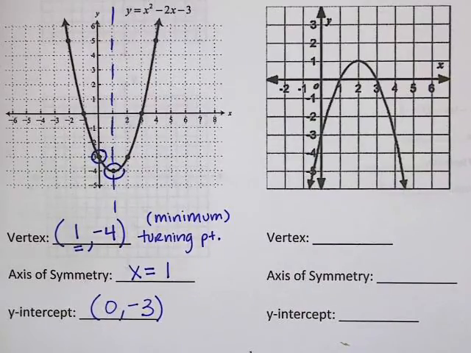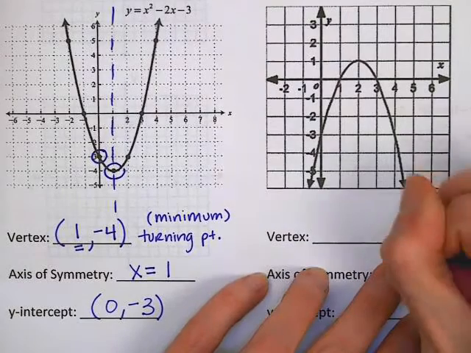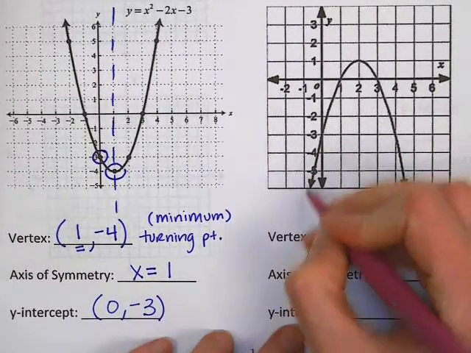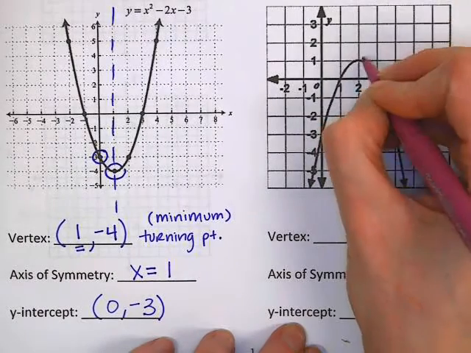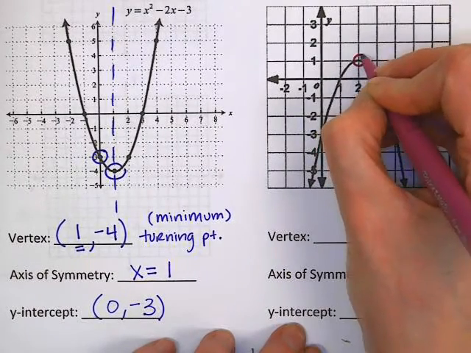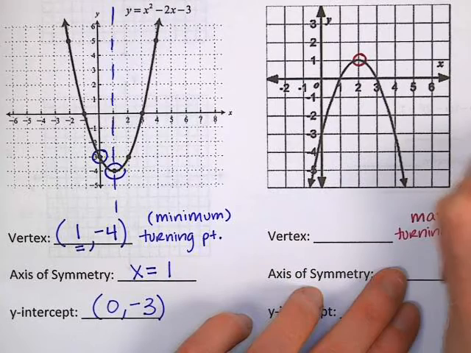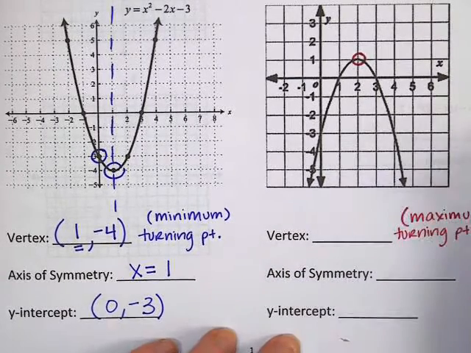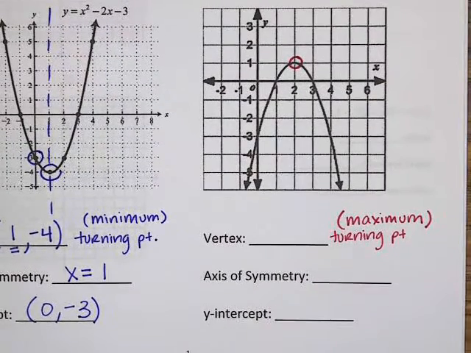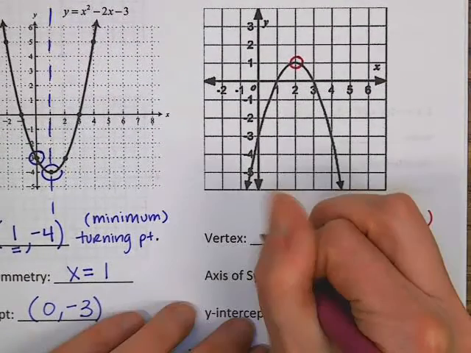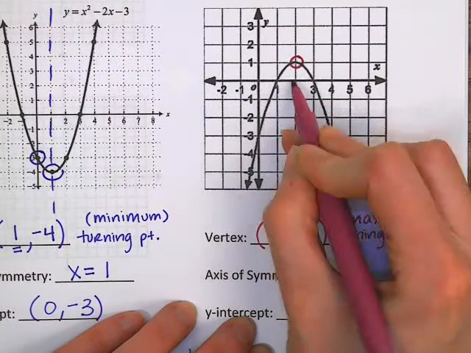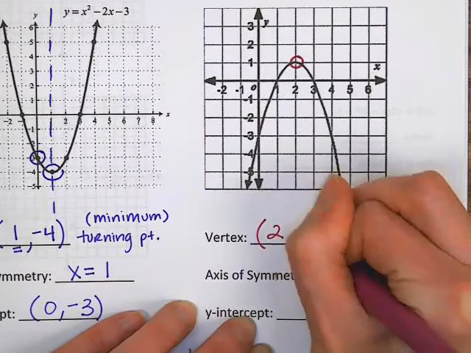Remember, the vertex is the turning point. But when the U is facing down, instead of being the minimum, it could also be the maximum. So depending on what direction it's facing, it's either the maximum point or the minimum point. But either way, the vertex, the turning point, the ordered pair is (2, 1).